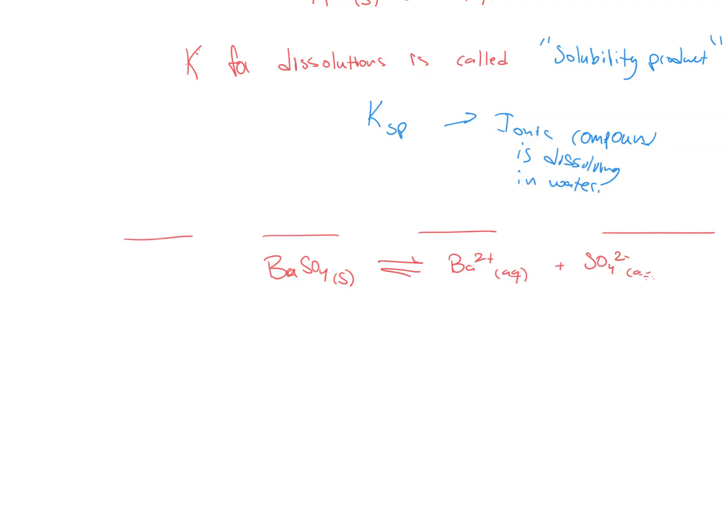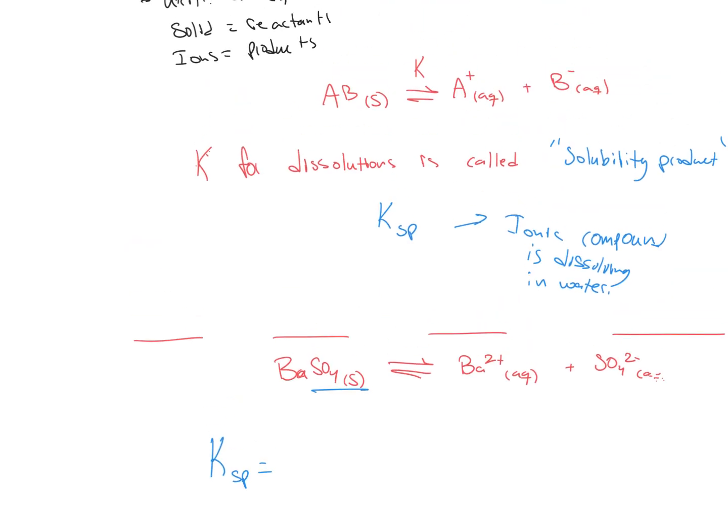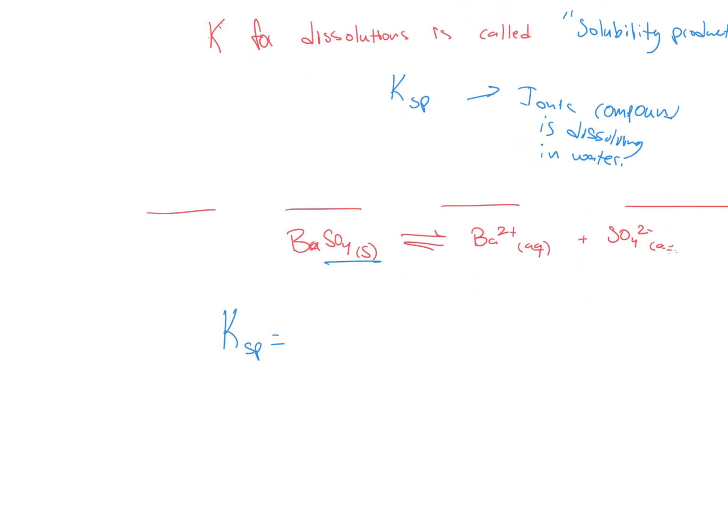If I'm going to write my expression for K here, KSP is going to be equal to its products over reactants. But remember, solids don't count. So here, KSP is just the concentration of Ba2+ ions times the concentration of SO4 2- ions. And pretty much every KSP looks like this.